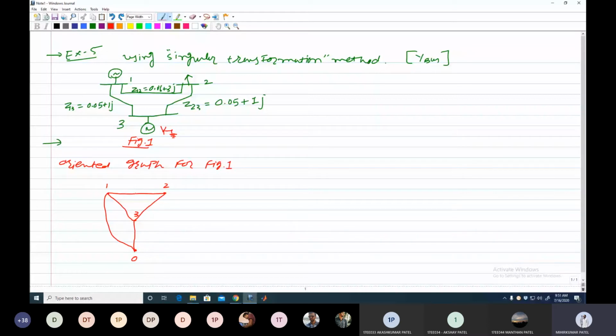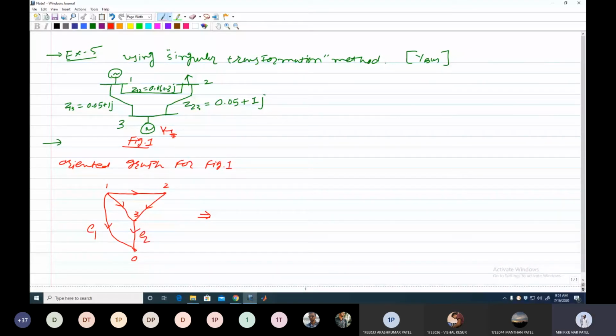Now, what do I have to do to draw the oriented graph? Just assign the direction. Who will help me give the numbers? What is the thumb rule for numbering? Starting from the lower number. So from 0 to 1, it is element number 1. 0 to 3, it is element number 2.